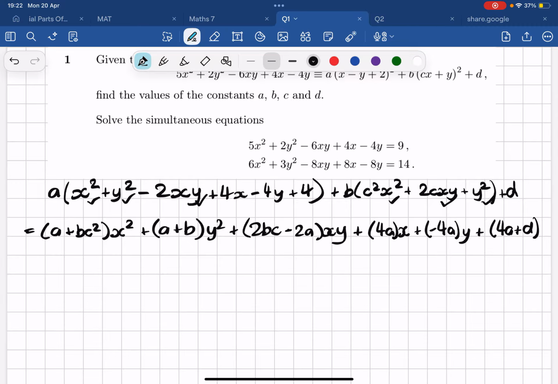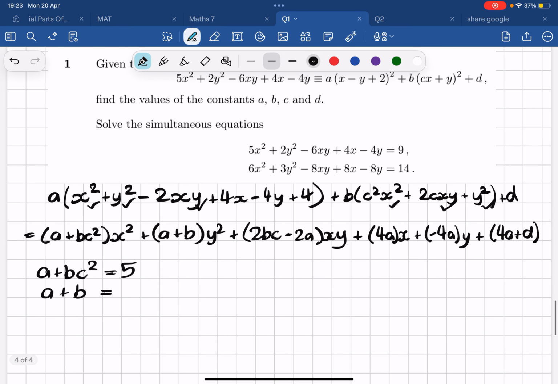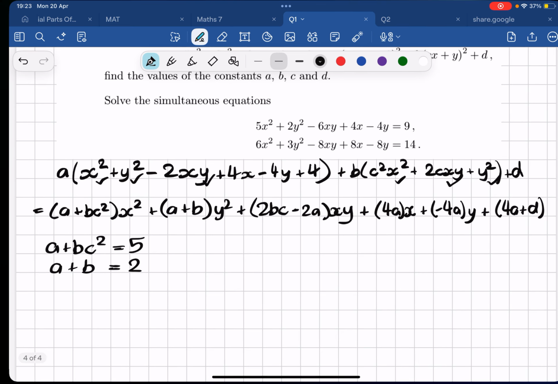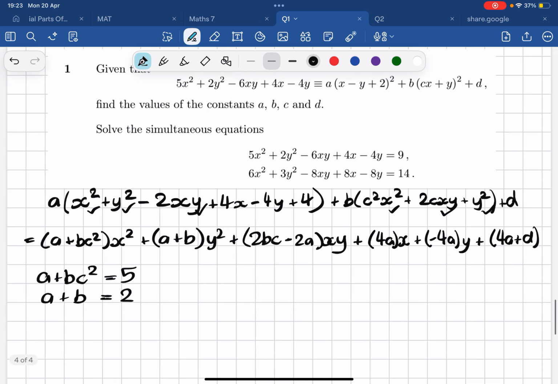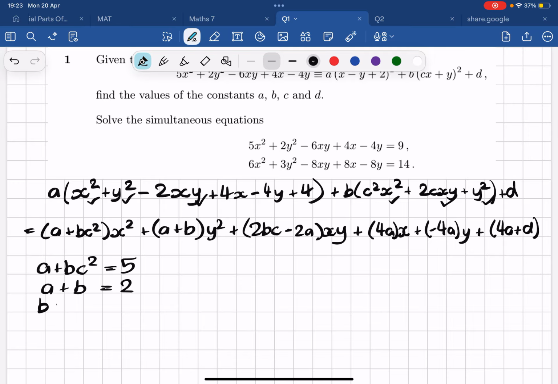Now that we've sorted everything in terms of these variables, we just need to compare. So a plus bc squared equals 5, a plus b equals 2, 2bc minus 2a equals minus 6, but we can just divide through by 2.